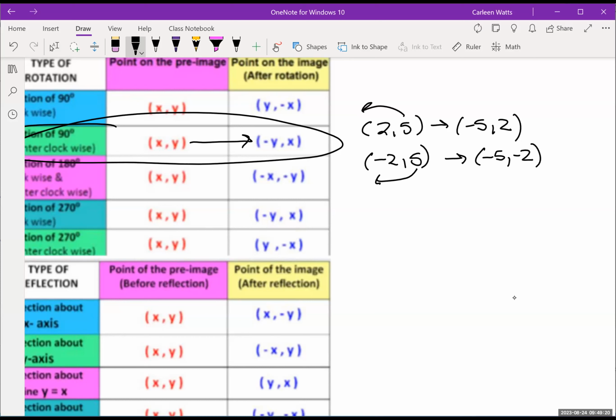Still confusing? We getting it a little bit? How about this? (2, -5). What would that one become? Awesome. Change the order. The y coordinate moves to the front and changes sign. It's only the original y that changes sign.